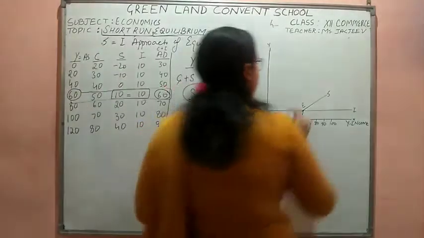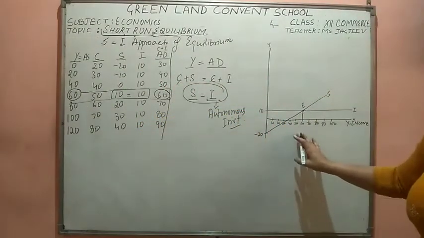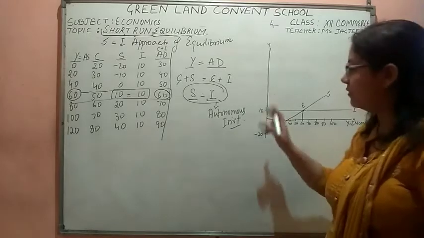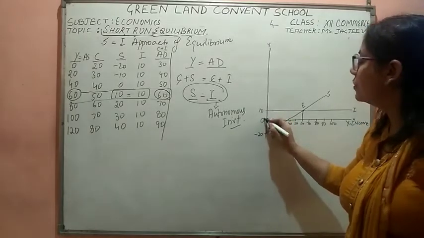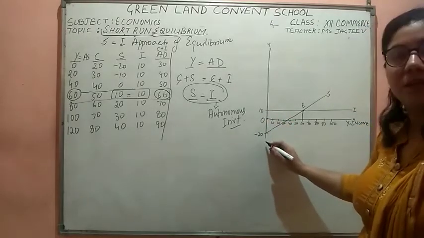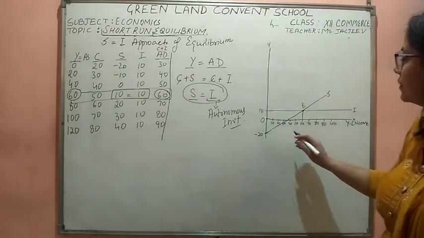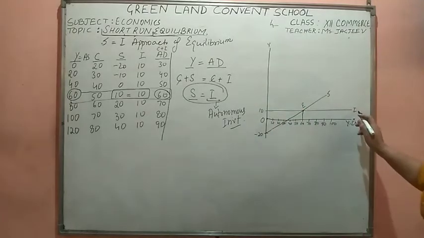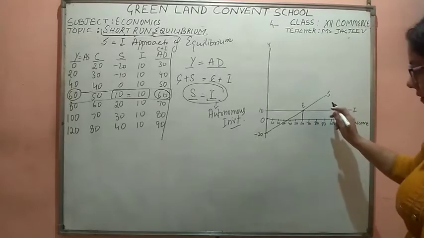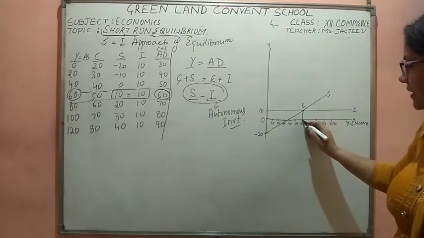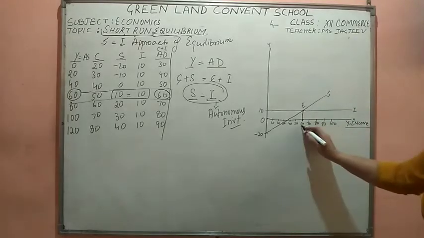So how to show it? Now we are not required to make a line of reference. We have to make it like this. We have to make the negative part of the axis also. I is the autonomous investment. We have to show I equal to S. Where is I equal to S? Where the income is 60.